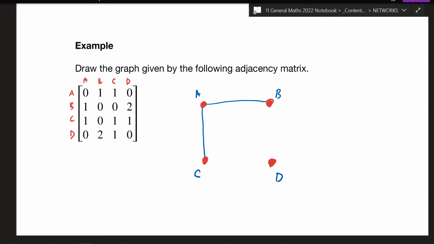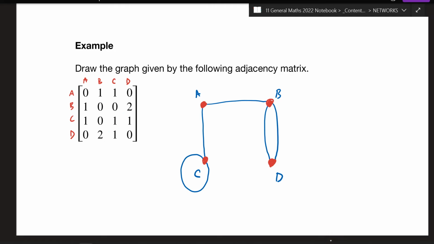B to A, there's 1, which is already there, so I don't have to draw it again. B to itself is 0. B to C, 0. B to D, there is 2. So make sure you draw 2 edges there. 2 connections. C to A, there's already 1 there, so I don't have to draw that. C to B is none. C to itself, I see a loop there, so make sure you draw your loop somewhere.